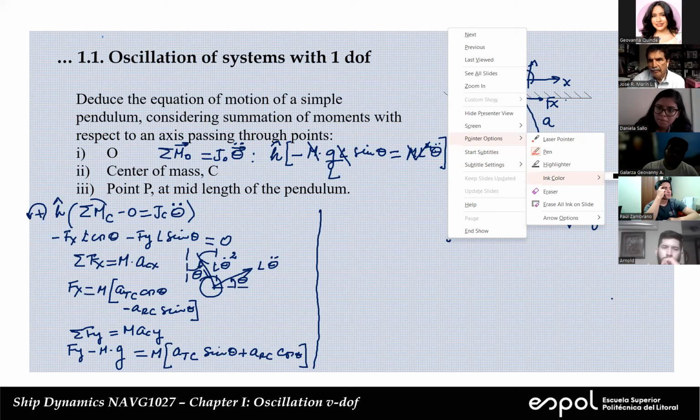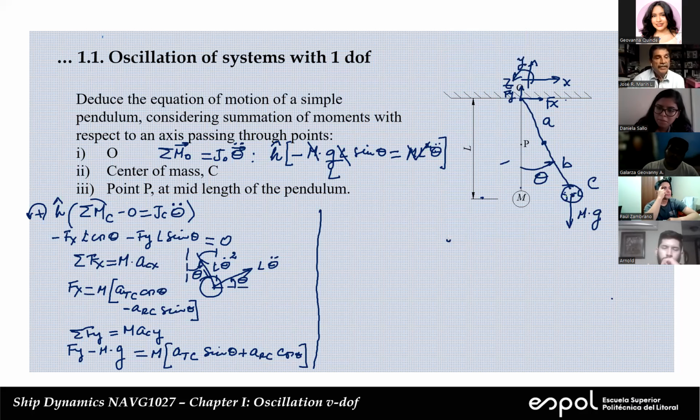Let's go green. Now, instead of working in the x and y directions, I'm going to work in the radial and tangential directions. So this is the third case.